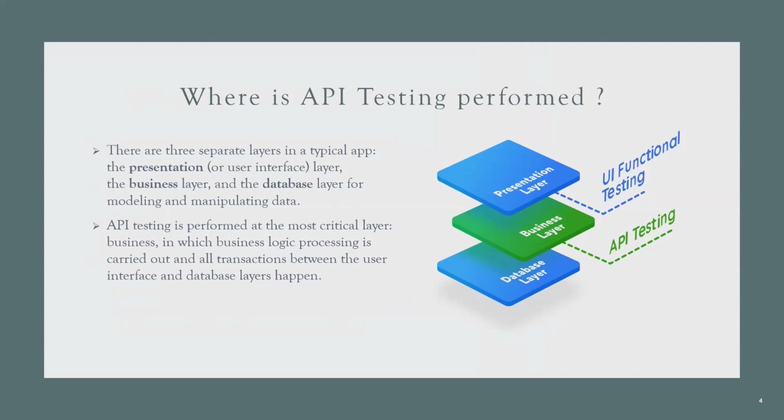API testing is performed at the most critical layer, business, in which business logic processing is carried out and all the transactions between the user interface and database layers happen. Generally, API testing has all the transactions detailed, where most critical organizations want to validate these transactions thoroughly.